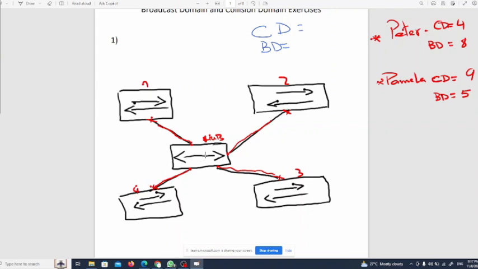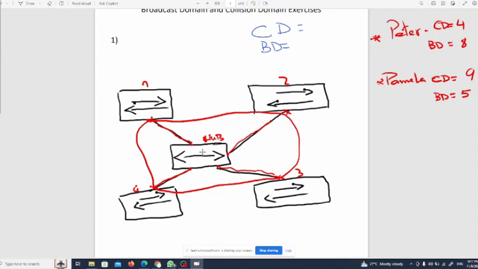But it is the same collision which occurred on the hub here, the same collision which is impacting the switch 1 port, switch 2 port, switch 3 port, and switch 4 port. So this is only one collision domain, the same collision domain. That collision that occurred on the hub is impacting the 4 interfaces on the different switches that are there.